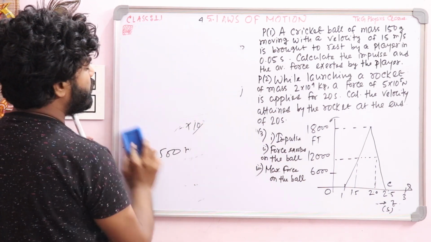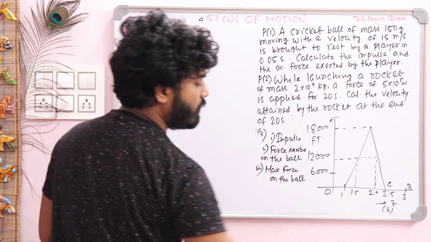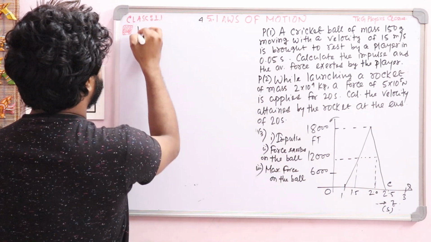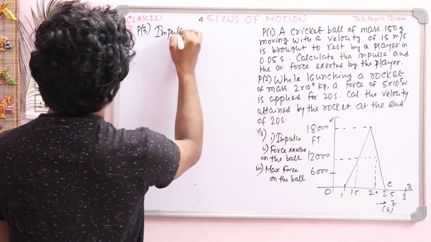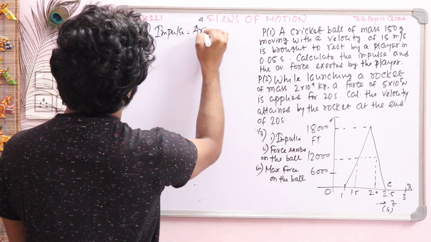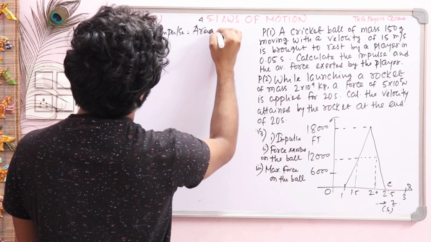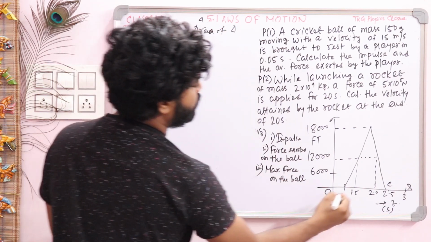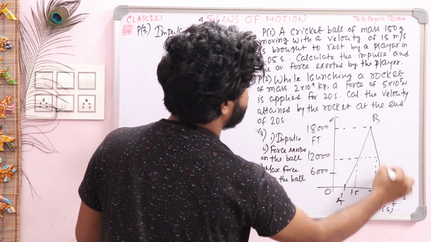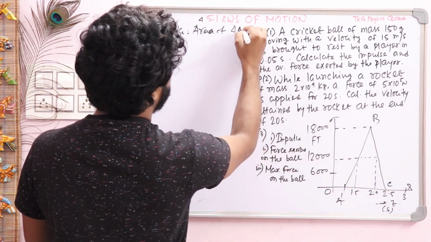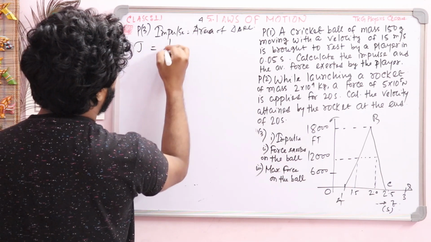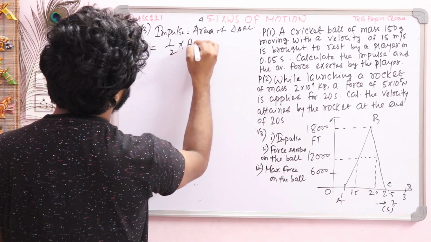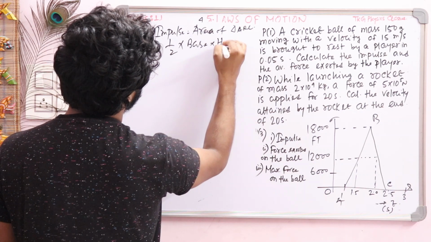So in problem 3, for finding impulse you have to find the area. Impulse is equal to the area of the triangle. Suppose this one is point A, this point B, and this point C. And the area of a triangle, that is impulse, is equal to half into base into height.